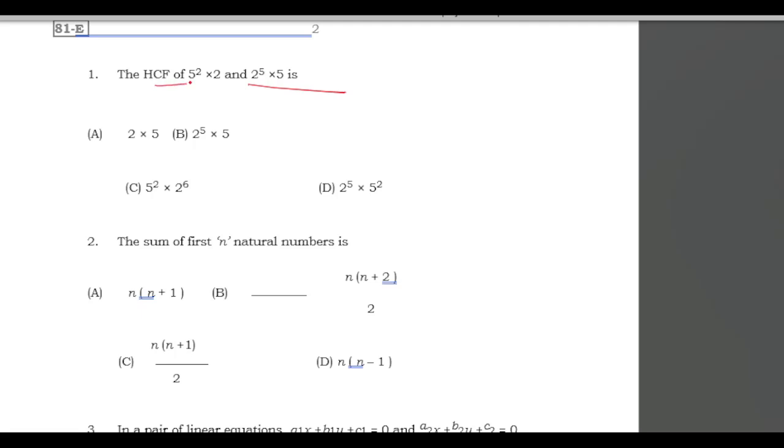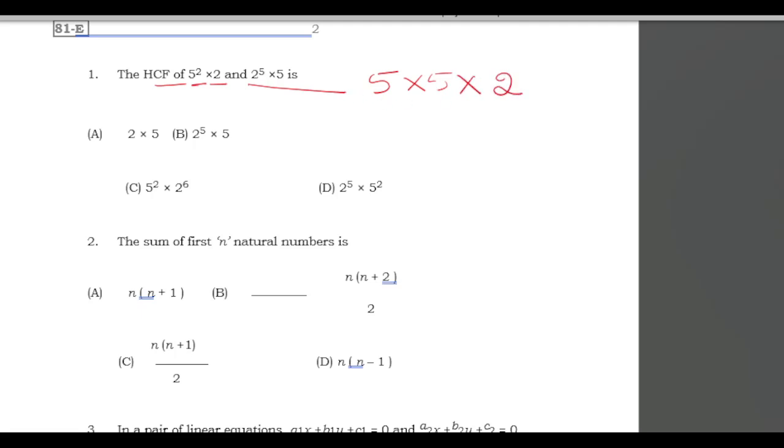Choose the correct answer. HCF of 5 square into 2 and 2 to the power of 5 into 5. What's HCF? So 5 to the power of 2, so 5 should be written 2 times, and into 2.